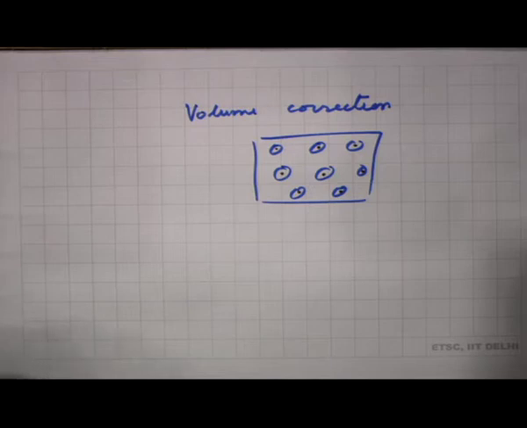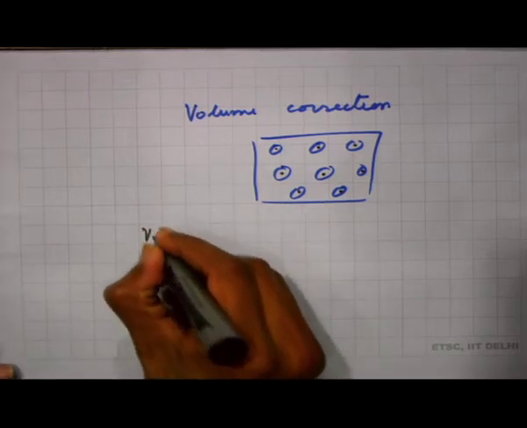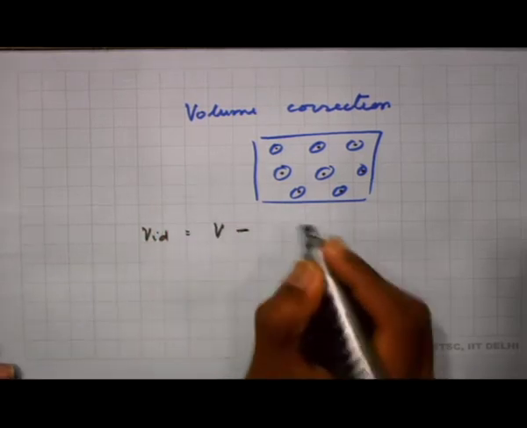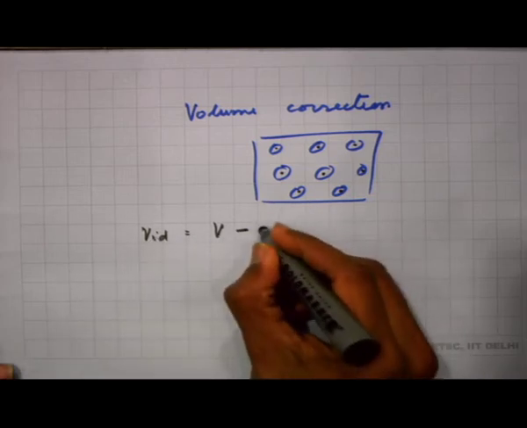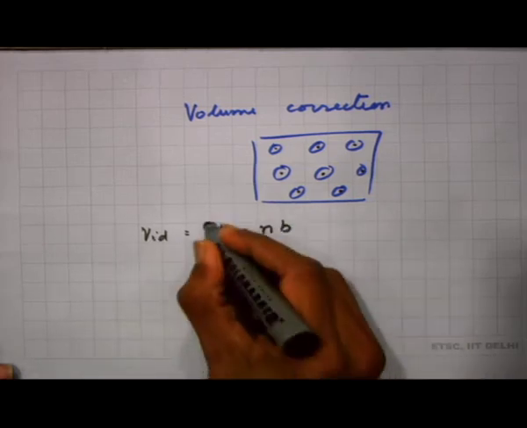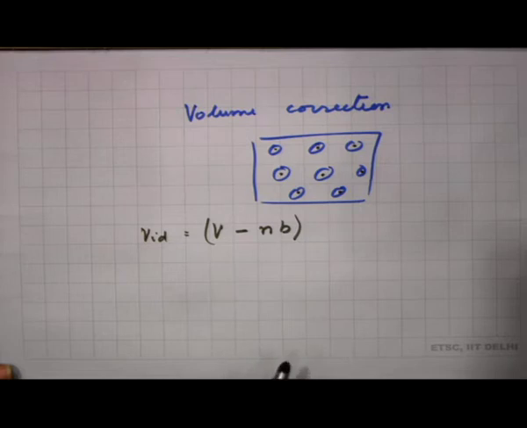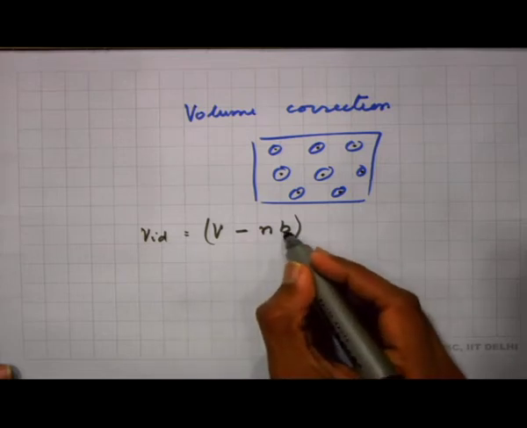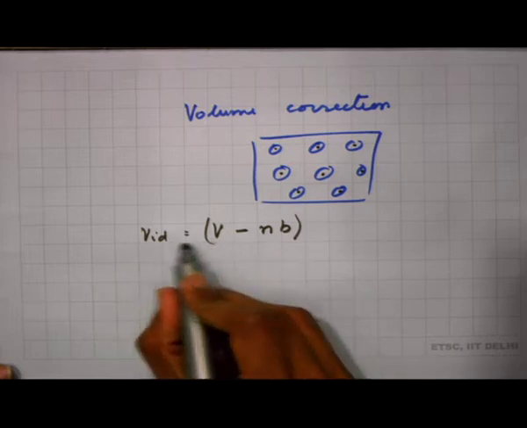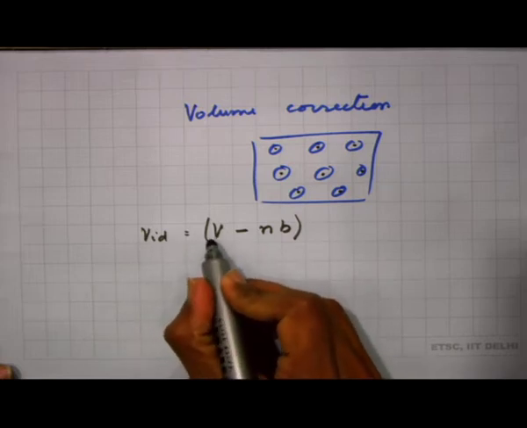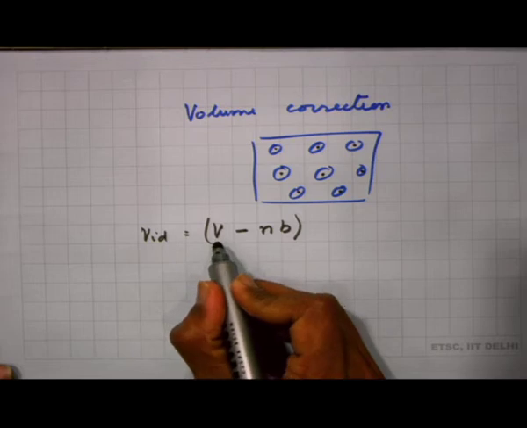So, now we have to say that V ideal would then be V minus nB, where each molecule has a particular size. So, V ideal would be less than the real volume by this factor.